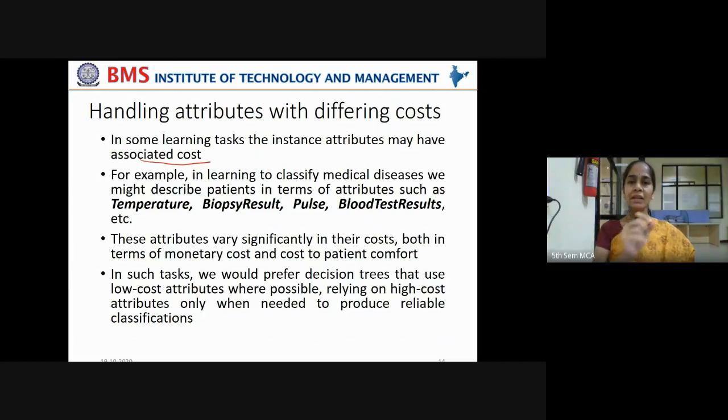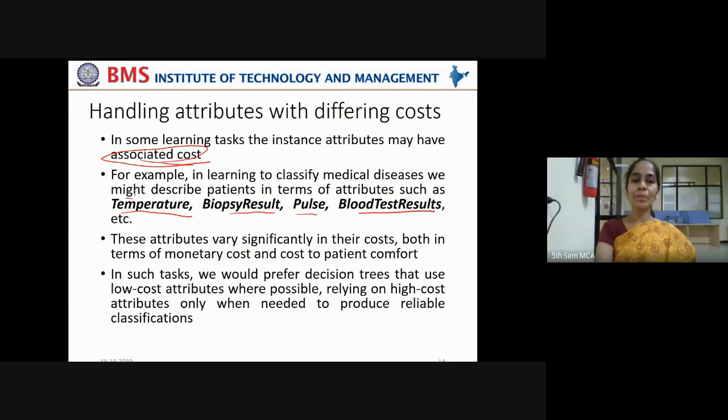Right? In this case, some examples have values under those attributes, some do not. Another way of understanding it is that some tests have good weightage to predict, but some tests do not. In some learning tasks, the instance attributes may have associated cost with them. For example, in learning to classify medical diseases, we might describe patients in terms of attributes such as temperature, biopsy result, pulse, and blood test results.